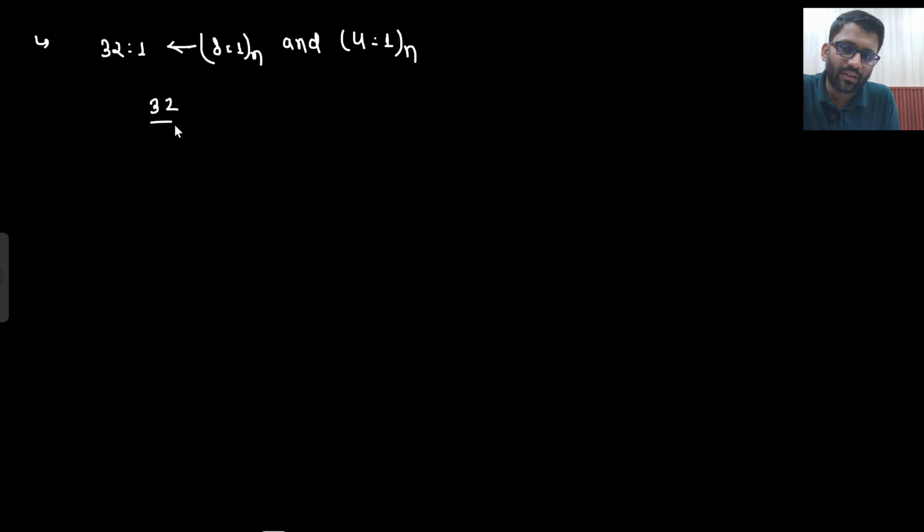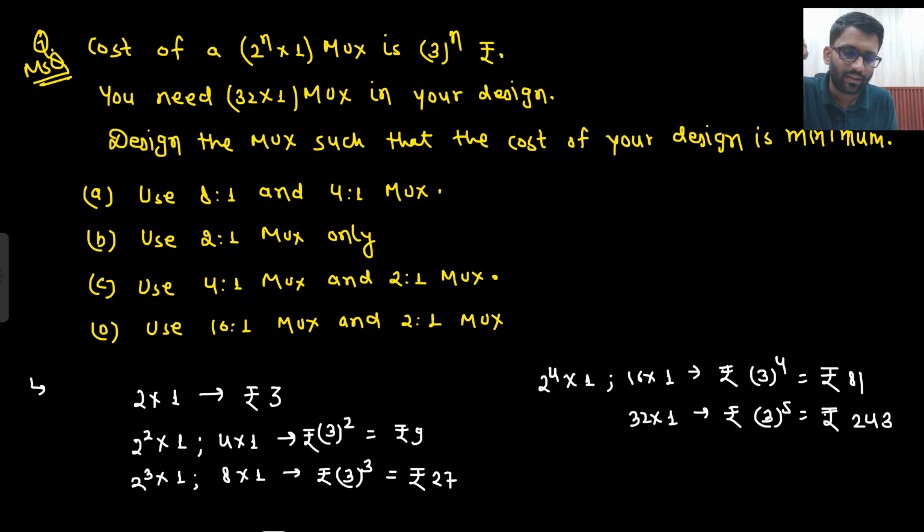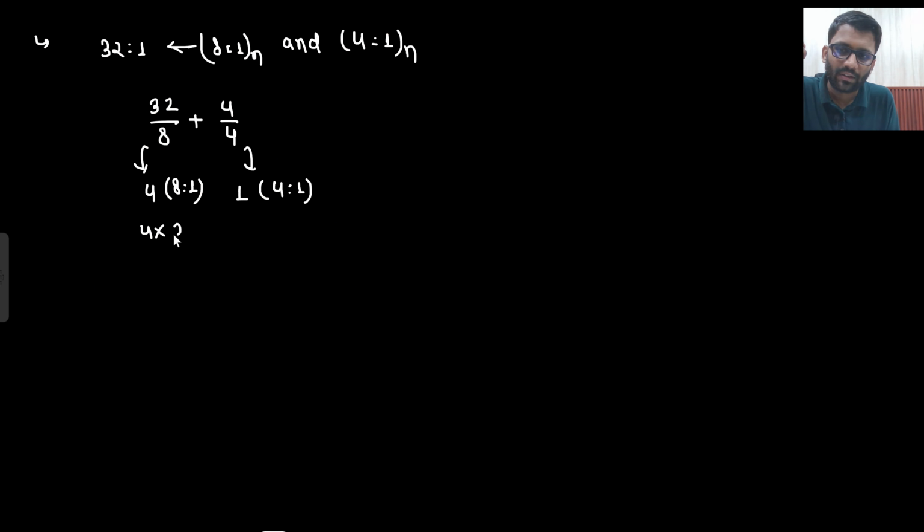If I start from 8, so 8 4 is 32, right? So you would need 4 here and 1 here. These 4 are 8:1 and this one is 4:1. So this is not a good idea, because 4 into 27, this will be 108 rupees.